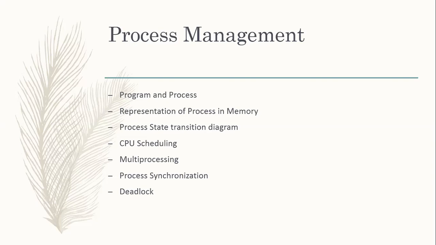Next, we will have a brief idea about multiprocessing: what is the architecture, symmetric multiprocessing, asymmetric multiprocessing, different types of migrations, and affinity. We are going to study all those topics in the multiprocessing system.